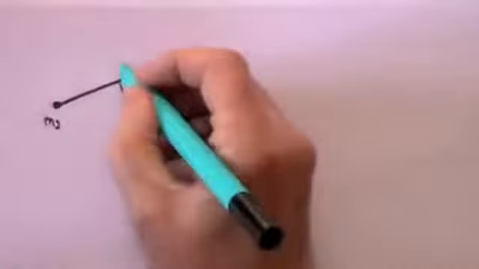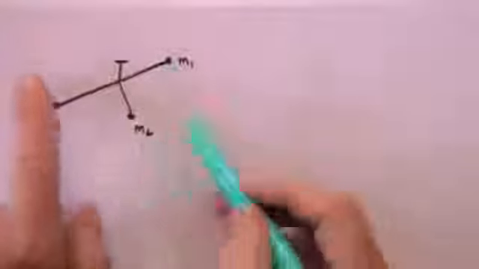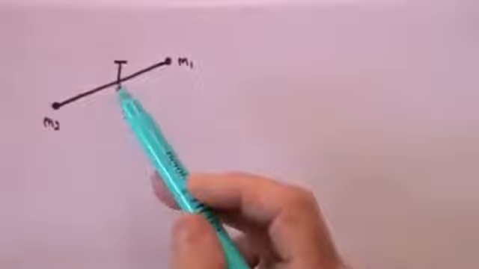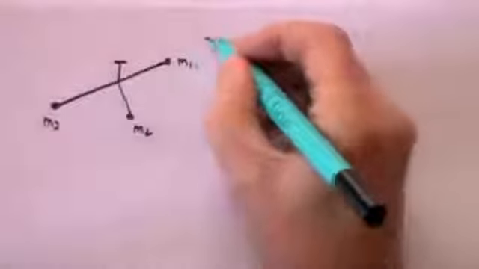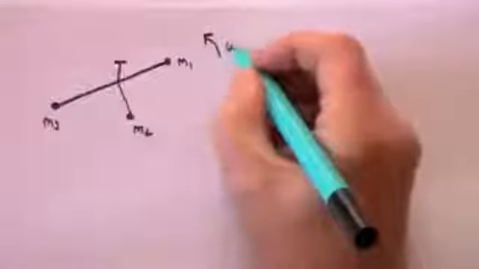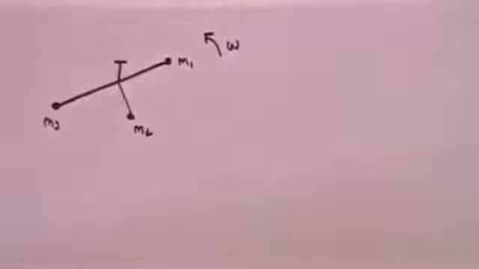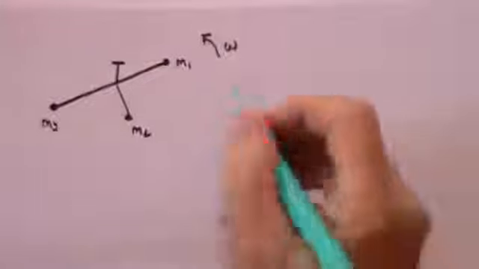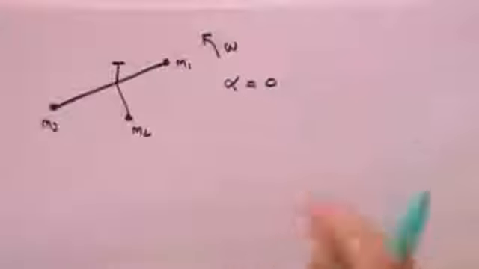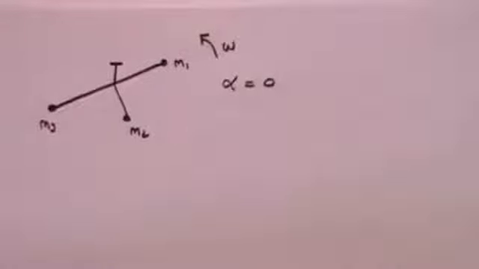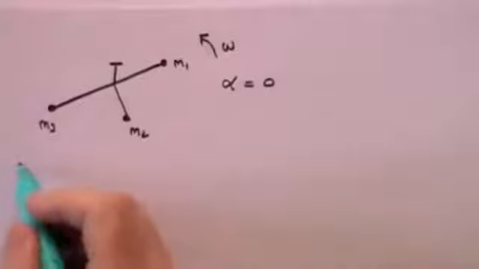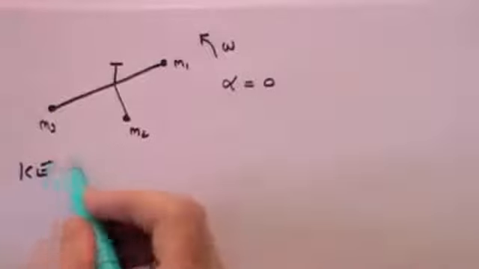So they are fixed, and I'm going to pivot them at this point here. So this whole system can swivel about this point here. And I'm actually going to rotate it with an angular velocity of omega, and there is no angular acceleration. So in other words, it's a constant angular velocity. Now, what is the kinetic energy of that total system?